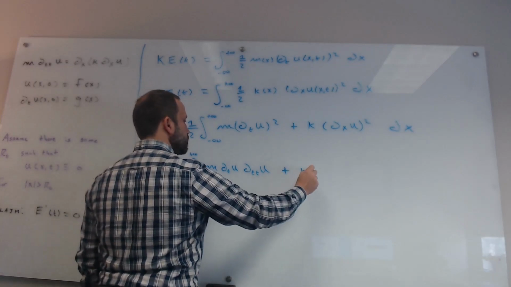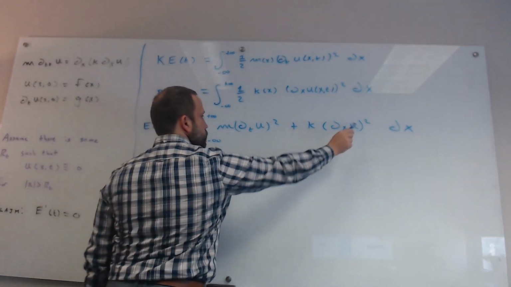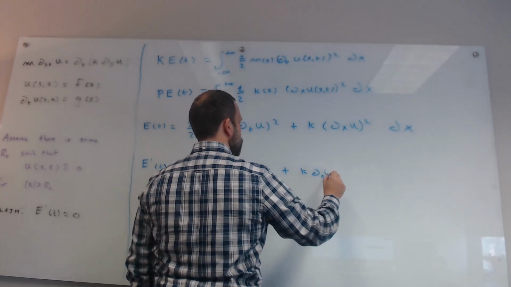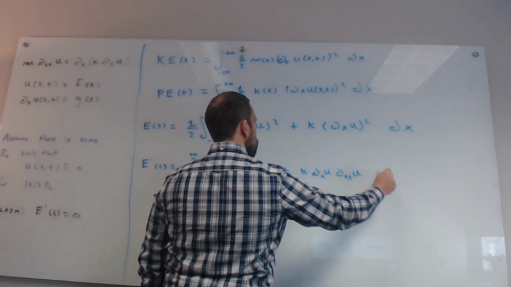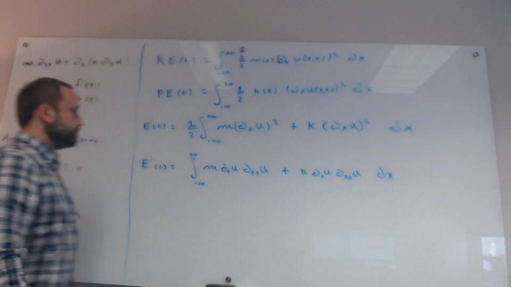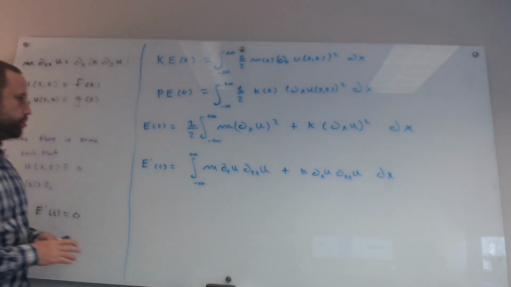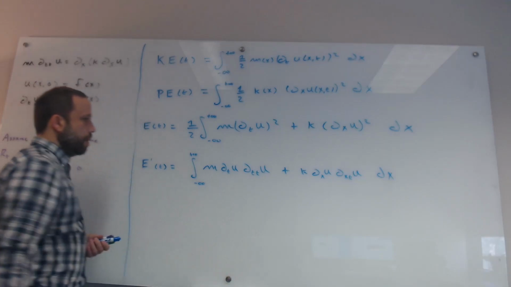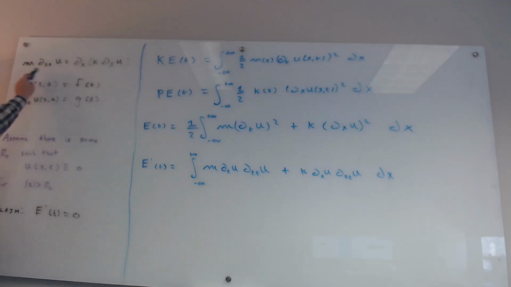Something similar over here is going to happen. k is a constant as far as t is concerned. When I do the derivative here, I use the chain rule. The 2 times the 1/2 is 1, so it's going to be the x derivative of u times the xt derivative. Okay, so I'm not going to rewrite this line here, but I am going to note the fact that m times the double t derivative is equal to this right here.